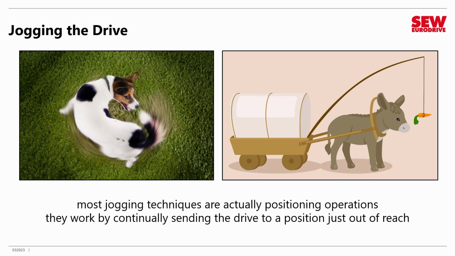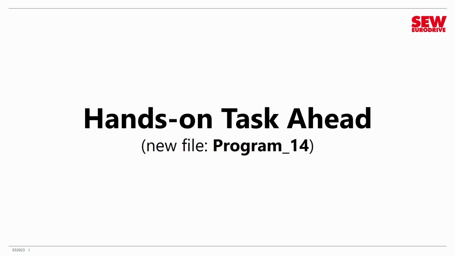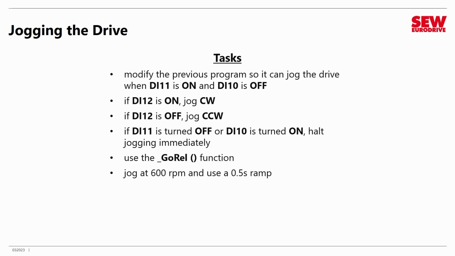All right, that said, we're going to write some programs to explore this. We're going to begin with a brand new program, Program 14, and what I'd like you to do is make a copy of Program 13 because you're going to use some of the code from that, but you're going to create some new code. Here are the requirements for the program. I'd like you to modify the previous program, the one you've copied, so it can jog the drive when DI11 is on and DI10 is off.